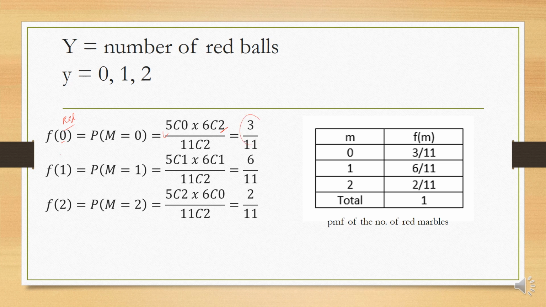Ito naman, kapag isa ang red, so 5 combination 1, 6 combination 1, isang red, isang white. Ito naman, kung dalawa yung red, ibig sabihin, dalawang red, 0 ang white. So, we have 3/11, 6/11, and 2/11, and it should be equal to 1.